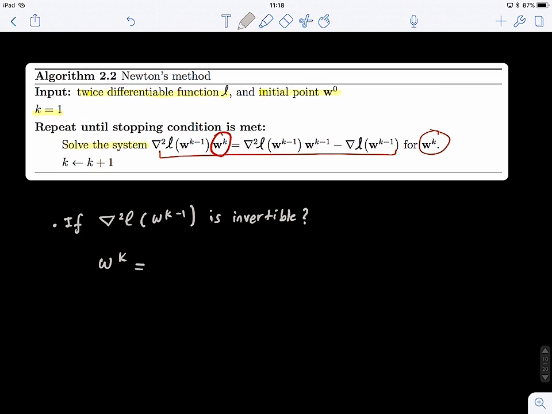It means we can invert it, so the inverse exists. We know that x times the inverse of x gives 1. So I would like you to apply this rule and find the new formula, the new update for WK.